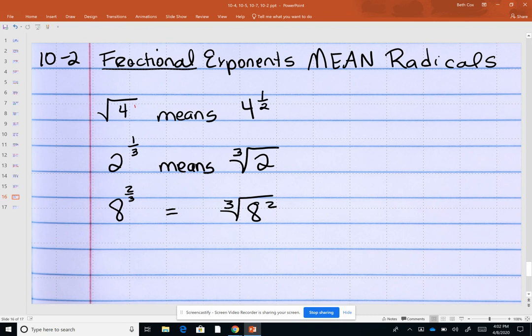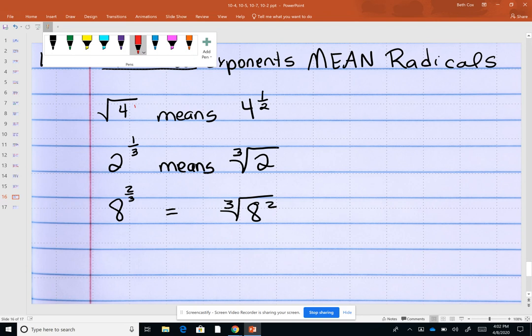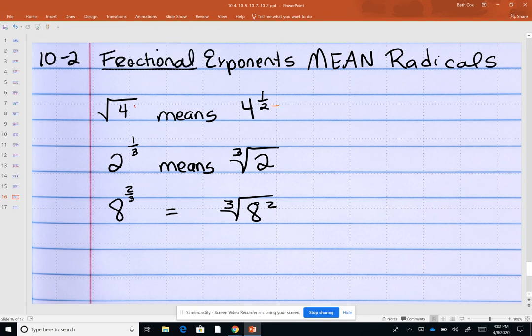And so let's just get the basics here. The fraction exponent is the root. You have a square root, and so the fraction's denominator is the root. This is the power up here, which means that's 4 to the first power. Normally there's not a 1 right there, and that's okay, but that's what that means.